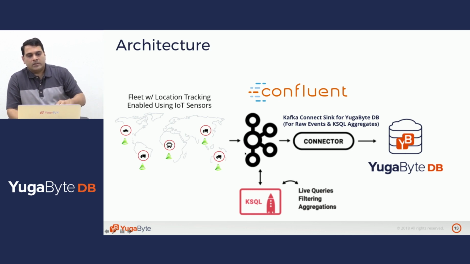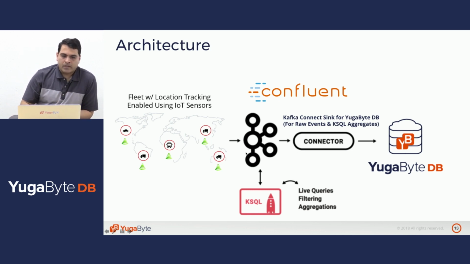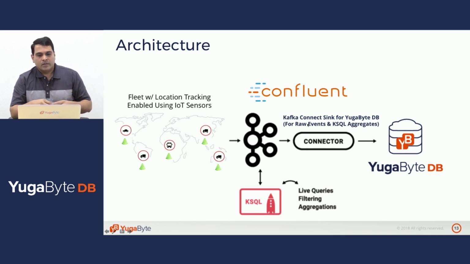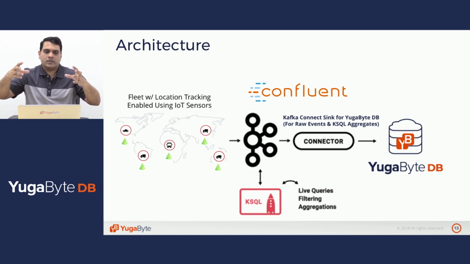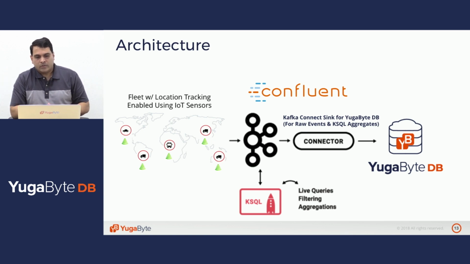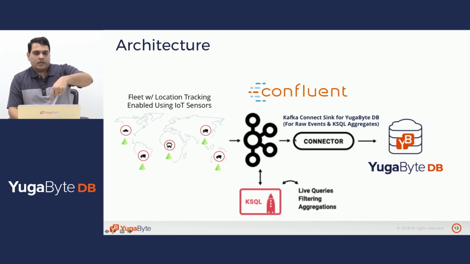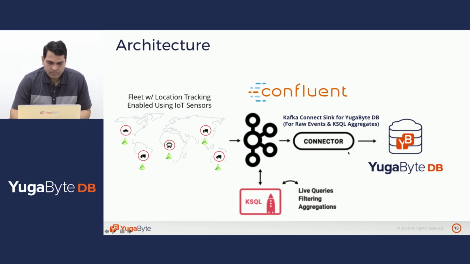Once the sensors are sending in the information, the Kafka Confluent platform will track it, and we use the Kafka Connect sink to store those into the Yugabyte database for both the raw events as well as some kind of window operations, as well as total operations that have happened so far. So KSQL does the filtering, sends it back to the Kafka stream, and then it gets injected back into the Yugabyte DB using the Kafka Connect mechanism.